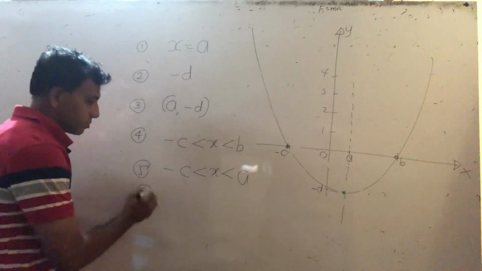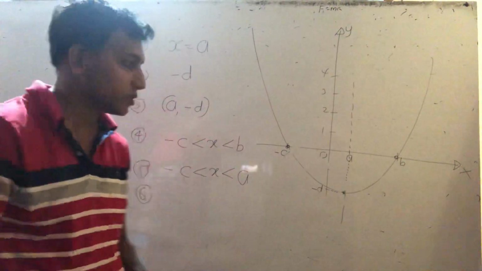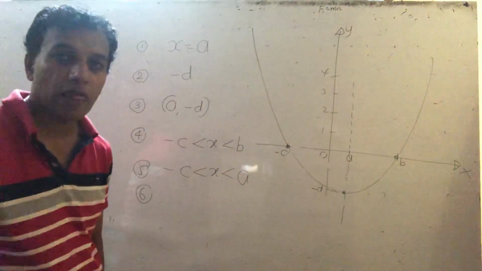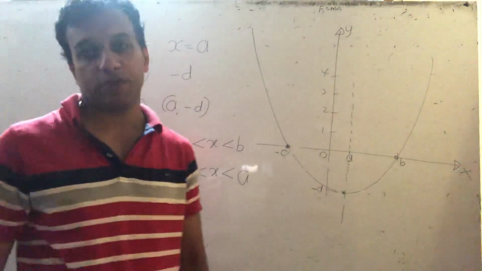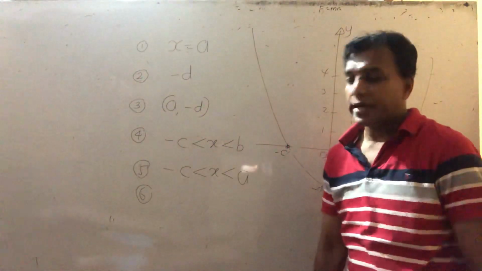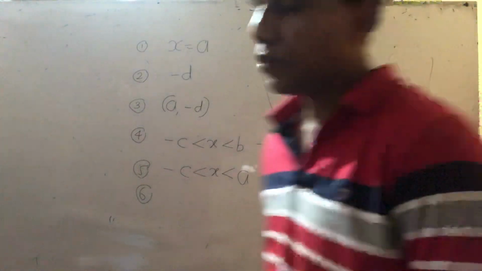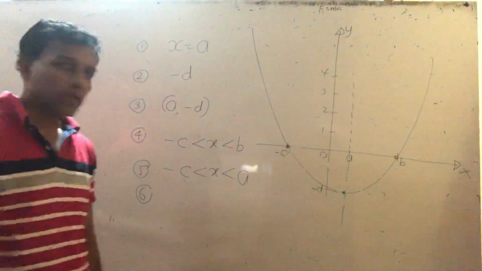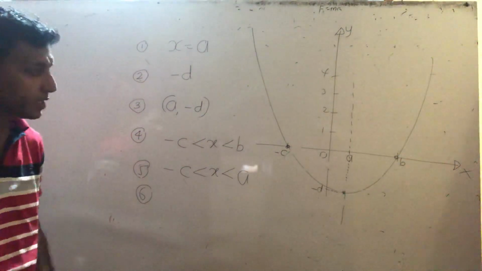Next, write part 6. Write the range of x where the function is negatively increasing. So you can write that, what the answer. The same idea, negatively increasing.